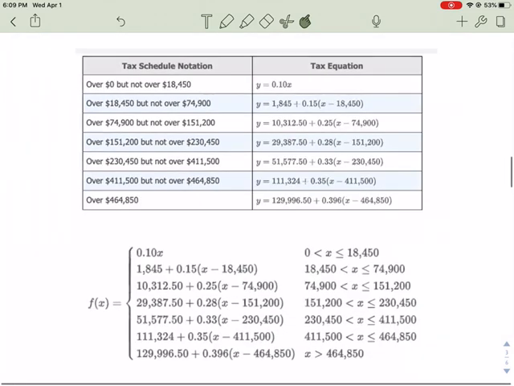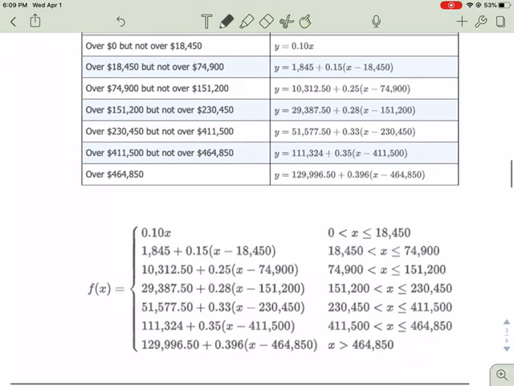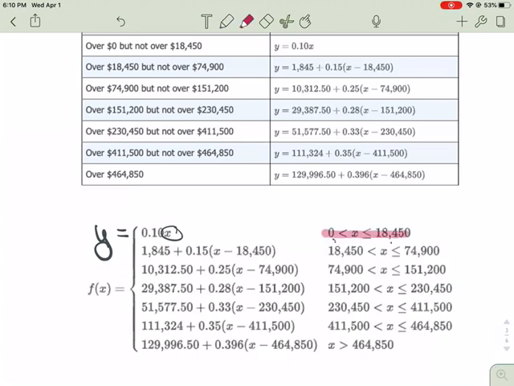Okay, so those are tax equations, which means that we can write them with y equals or f of x equals. So this is just another way to say y equals, and this is telling you what numbers can go in for x. So the only numbers that we can put in for x between 0 and 18,450 are going to go in for x in that equation.